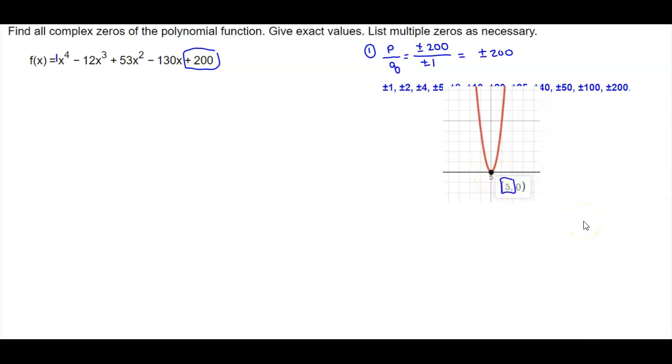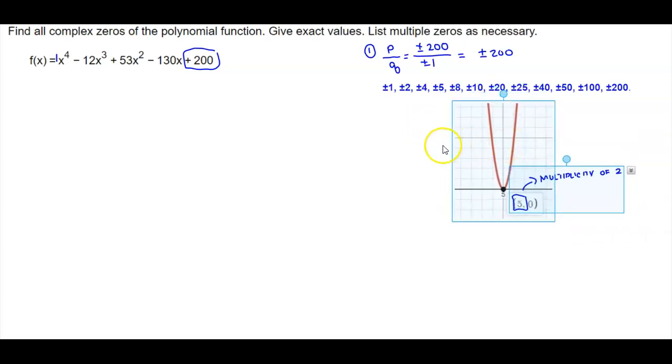So there is a multiplicity of 2. So 5 is a zero of this polynomial function, and you can see here that 5 is listed as a possible factor.